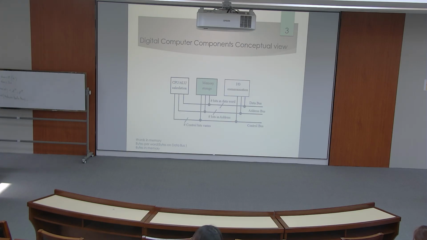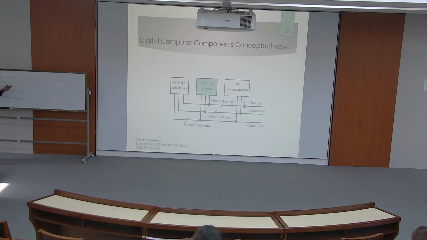So a byte is how many bits? A byte is how many bits? 8 bits, yes. Now, we have to calculate the number of bytes per word, which is also called the number of bytes on the data bus. We have the number of bits in the data bus.